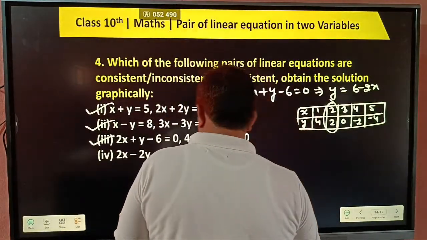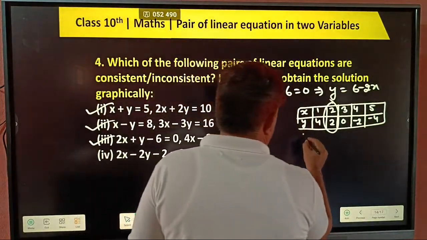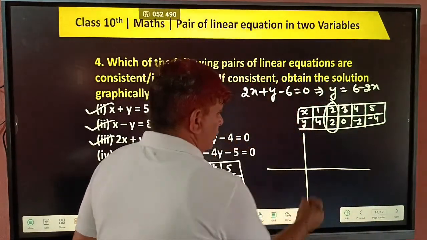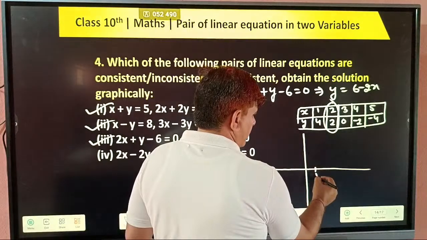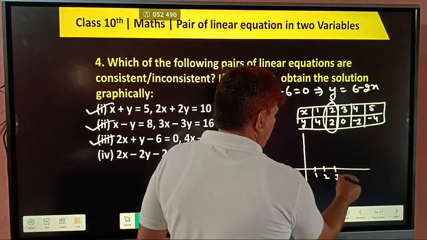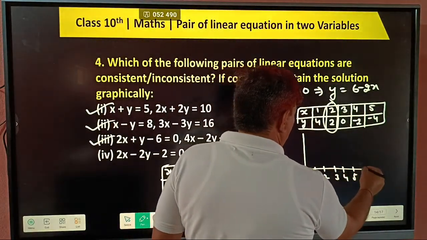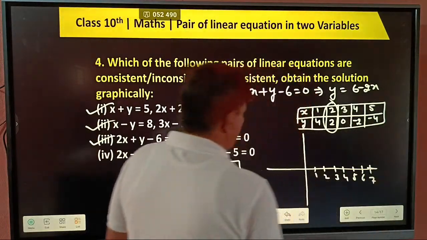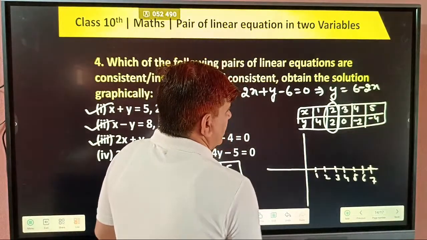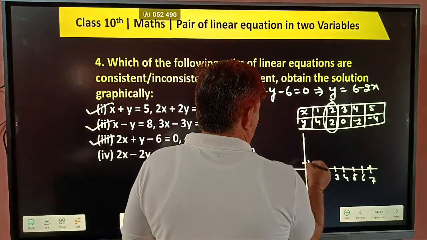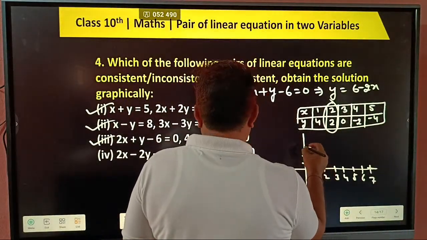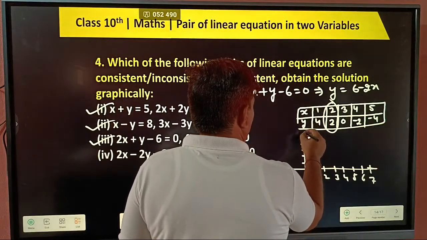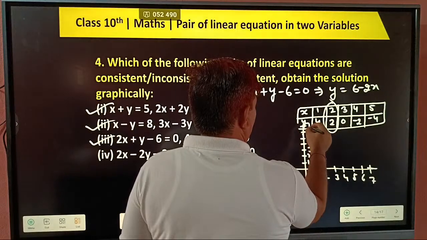So what are we taking? This is the y-axis, this is the x-axis. So this is again 1, 2, 3, 4, 5, 6, and 7. Yes or no? Here we can take 1, 2, 3, 4, 5, 6, 7, and 8.